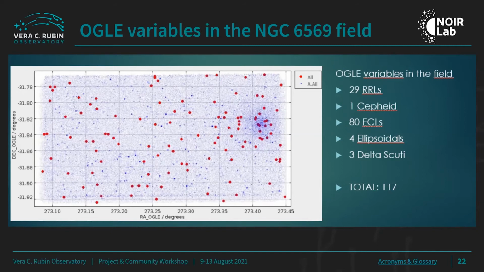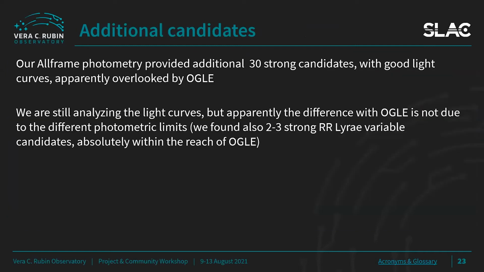In any case, in the field we found 117 OGLE variables, but also we provided additional 30 strong candidates with good light curves, which apparently were overlooked by OGLE.